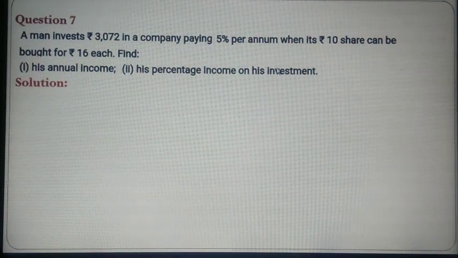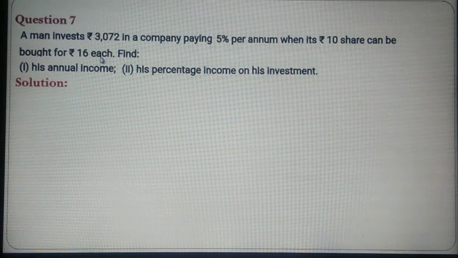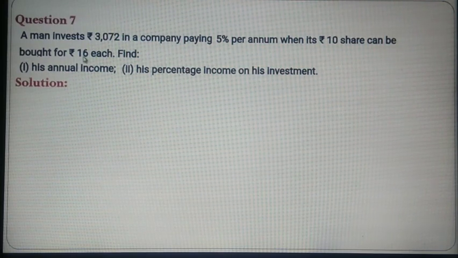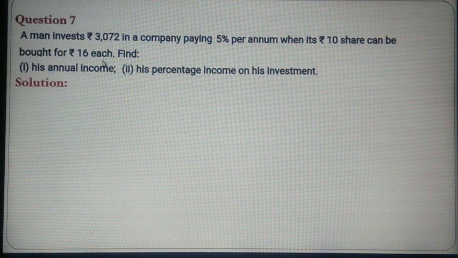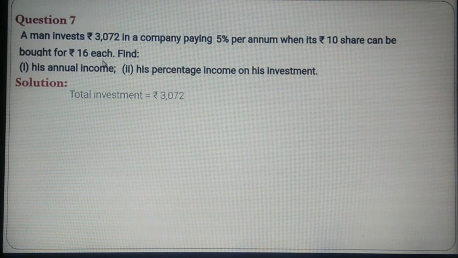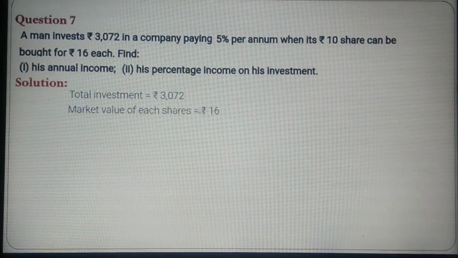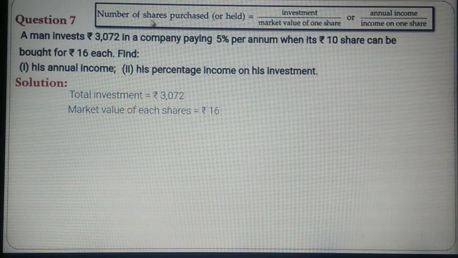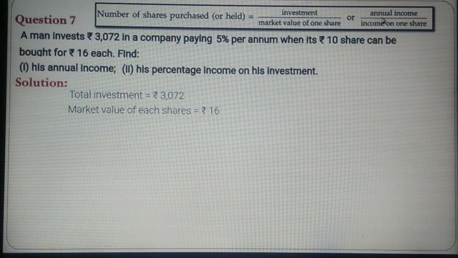Now let me make it clear that this rupees 16 is nothing but the market value. So rupees 10 is the nominal value and rupees 16 is the market value. So with this, let's begin our problem. So what is given? Total investment is given, and market value, as I said, is given to be rupees 16. Now there's a formula which says number of shares can be found using any of these two.